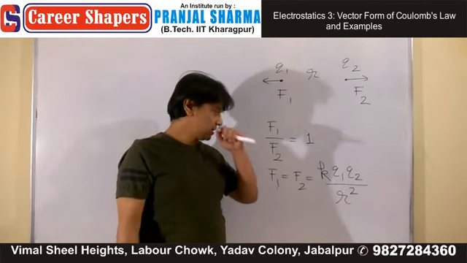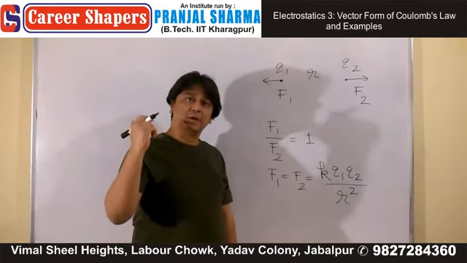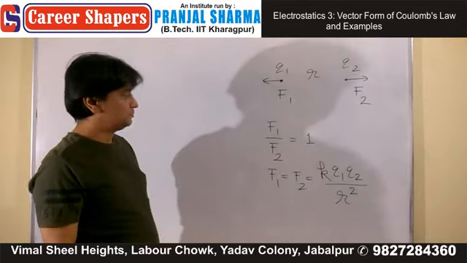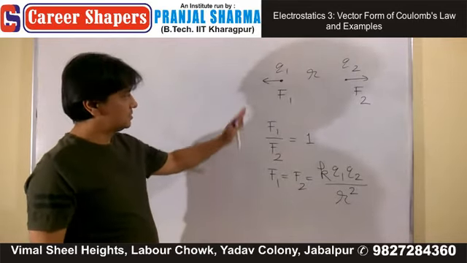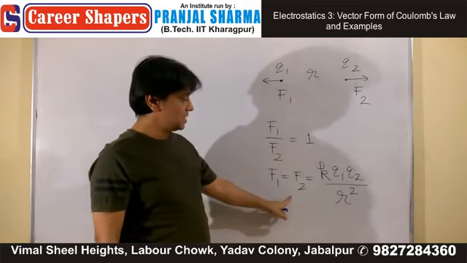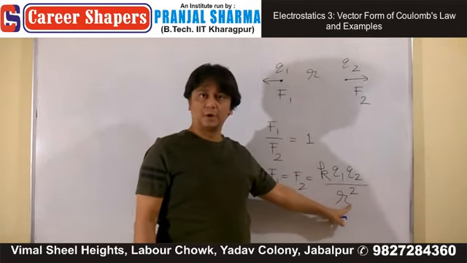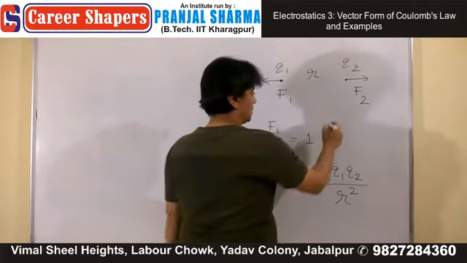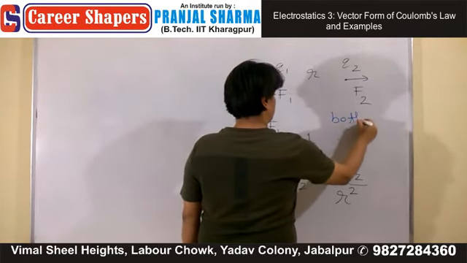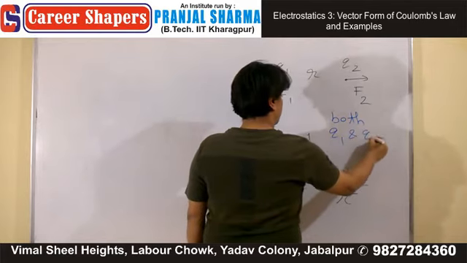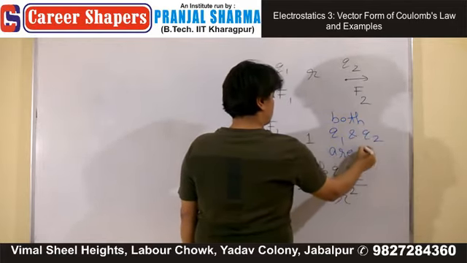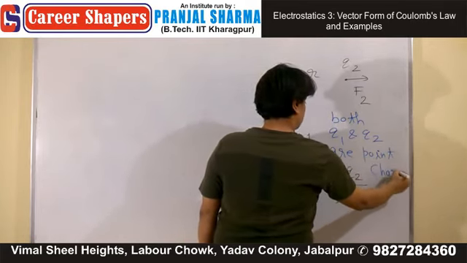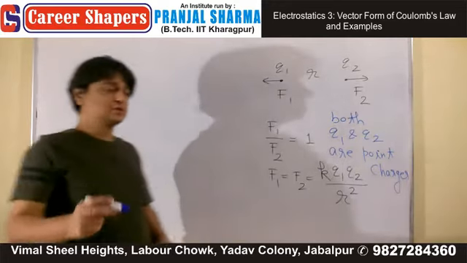We have discussed it in the last class, and in detail I told you when we will discuss about K. So, this is something which we did in the last class, that this action and reaction force, its magnitude is K times Q1, Q2 upon R square, provided both Q1 and Q2 are point charges. This is something which we have done.